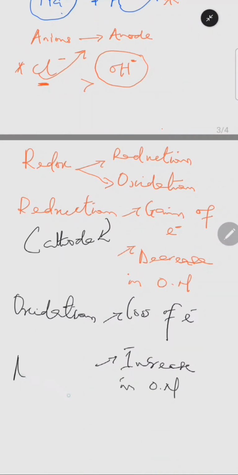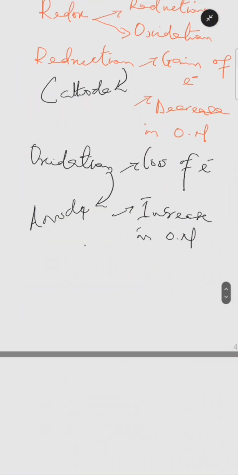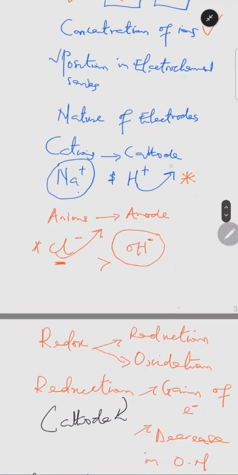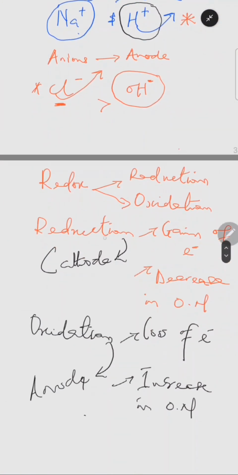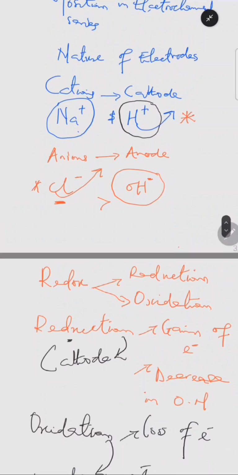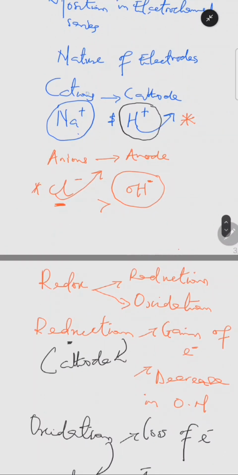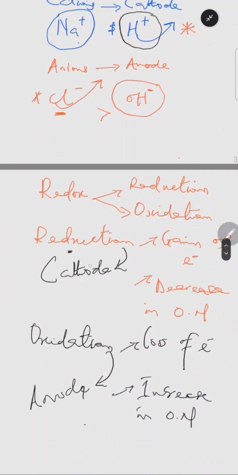This tells us that hydrogen ion, which is present at the cathode, will undergo reduction. Hydrogen is present at the cathode because it's a cation. It will undergo reduction because that is the reaction that takes place at the cathode.